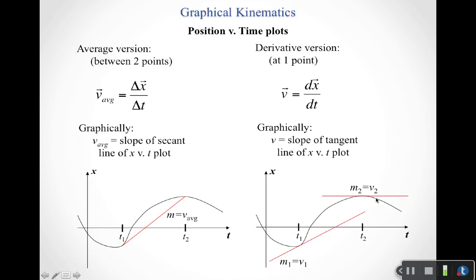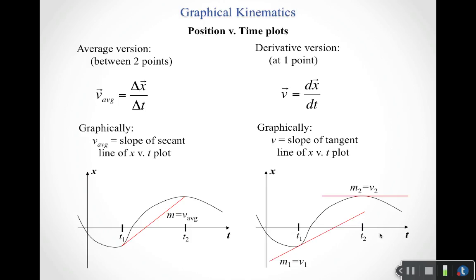We could play the same game at t2, and again we notice that as we take the tangent line to our curve at the point t2, it happens to be perfectly horizontal, which means that the velocity at t2, since it's equal to the slope at that point, is going to be 0. So this is a point where our object is in the process of turning around.